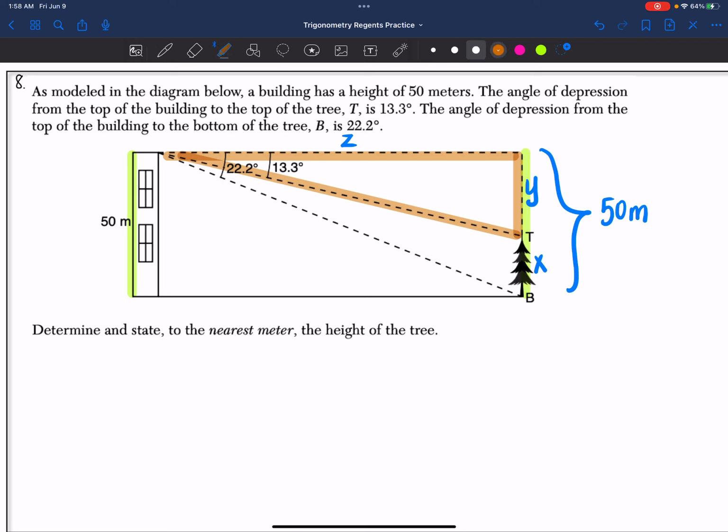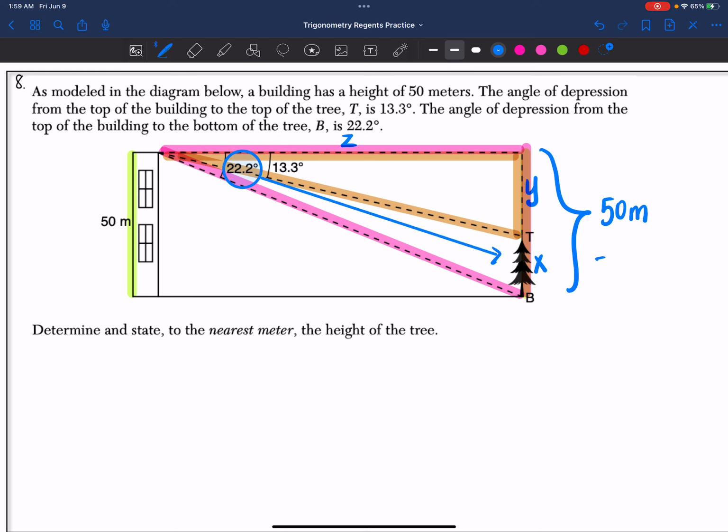Let's go ahead and take a look at this big triangle here that I'm highlighting in pink. And let's find z, because I know that side length is 50. So if I'm standing here at 22 degrees, what's opposite me is 50, and what's next to me is z.